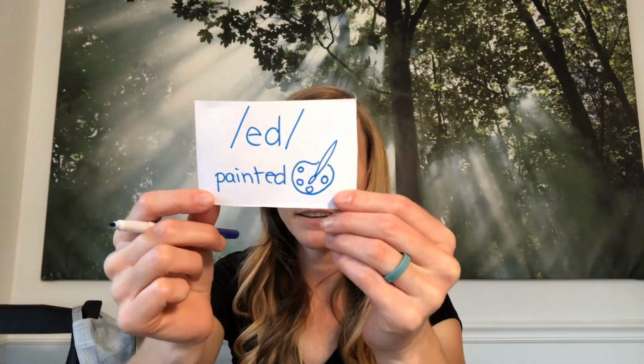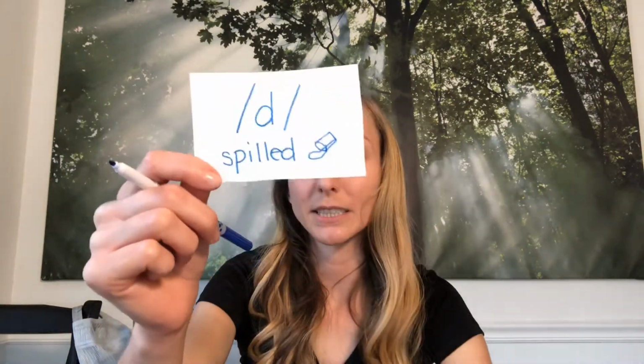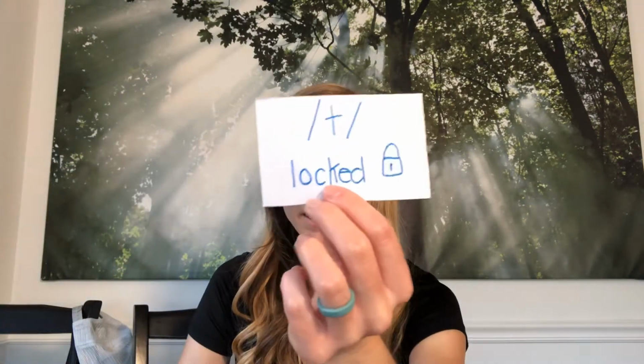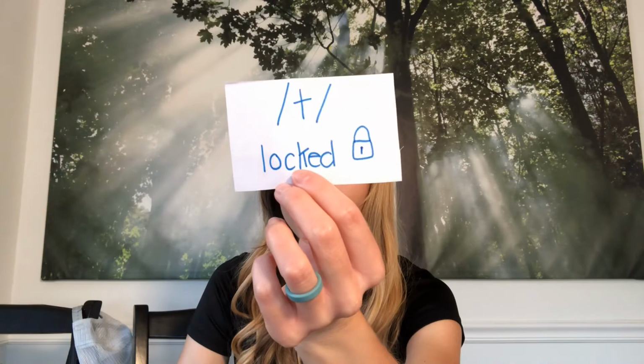Then I'm going to draw a lock that is locked. Like this. Easy. So we have the three sounds: ed, like in painted; d, like in spilled; and t, like in locked.